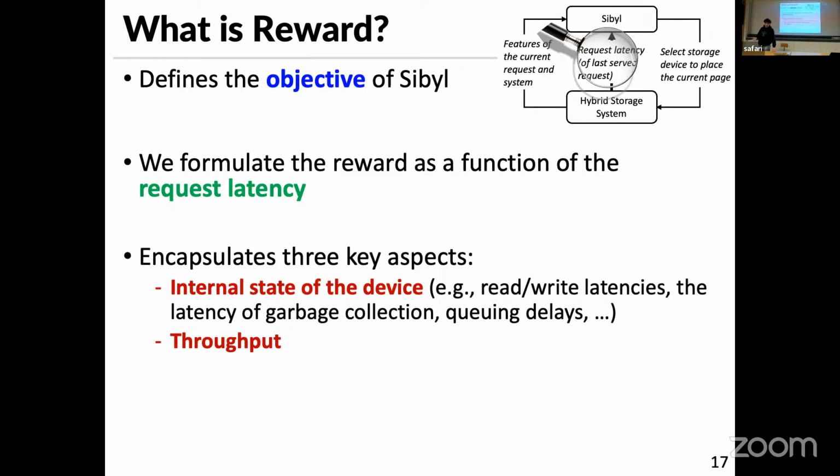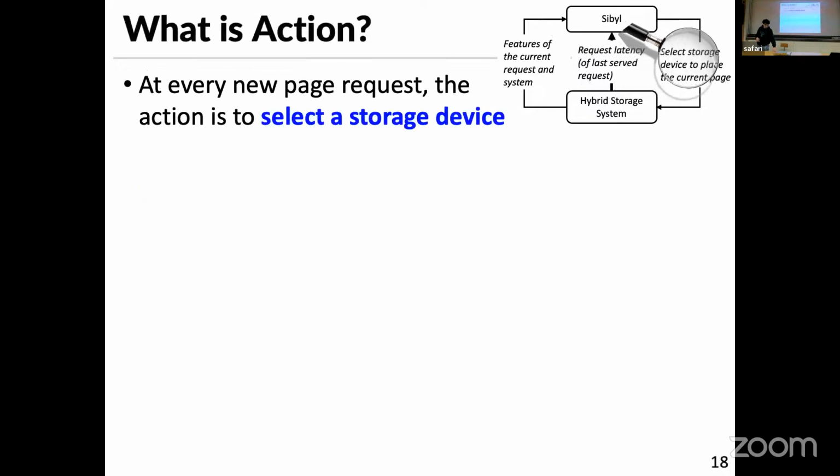By minimizing the request latency, you maximize the throughput, and you also minimize evictions. Evictions would be going from the fast storage device to the slow storage device. There are more details in the paper, and we will see more points in the discussion about the reward later. Now, what is the action?